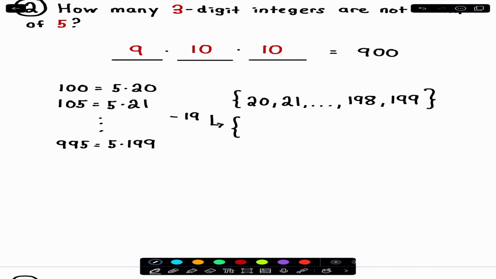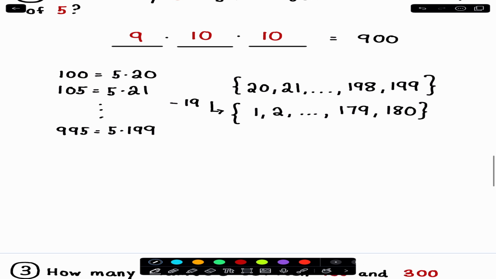So 20 minus 19 is 1. 21 minus 19 is 2. 198 minus 19 is 179. 199 minus 19 is 180. And this should hopefully be easy to see that there are 180 numbers from 1 to 180.